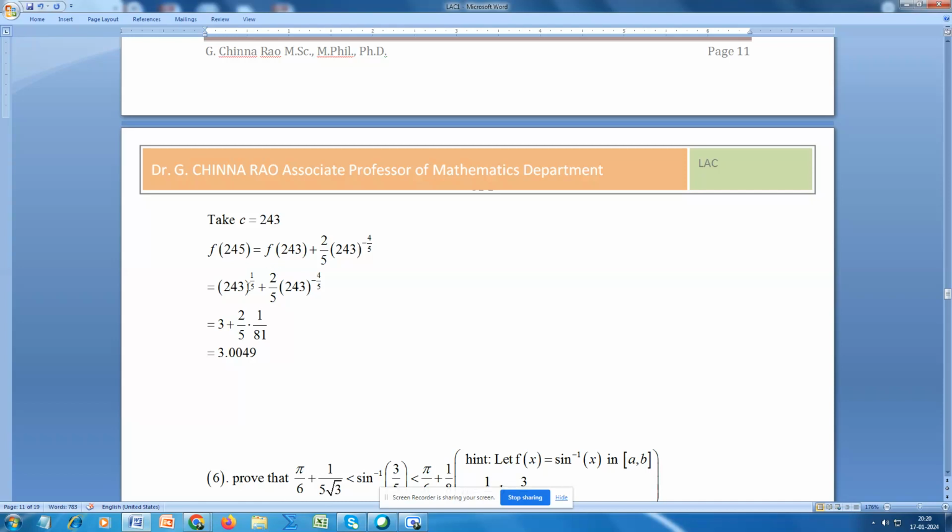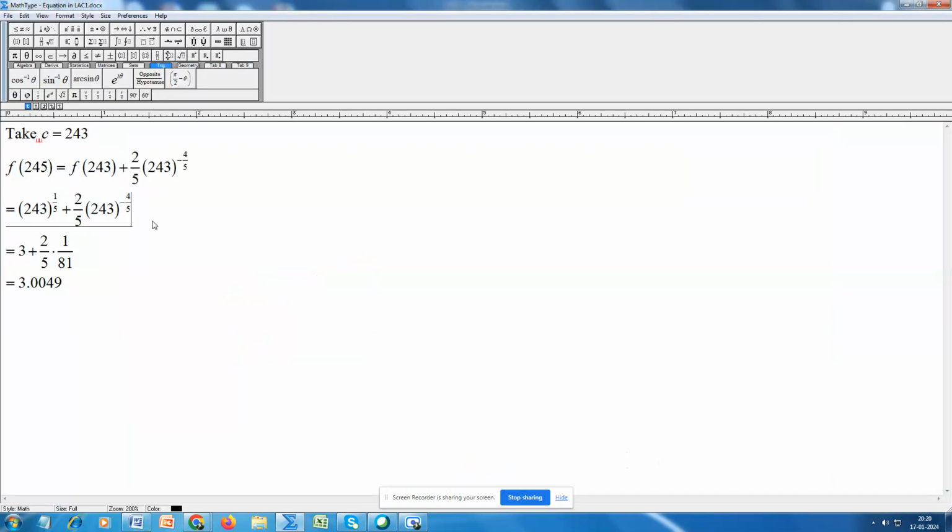So f of 243 means you put x for 243: 243 whole power 1 by 5 plus 2 by 5, 243 whole power minus 4 by 5.